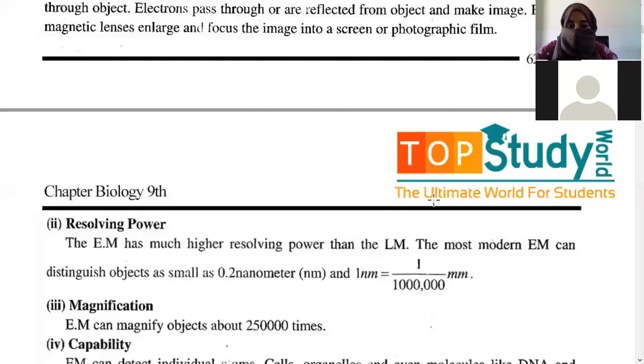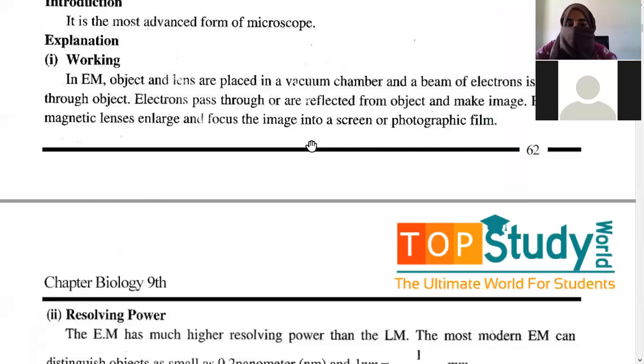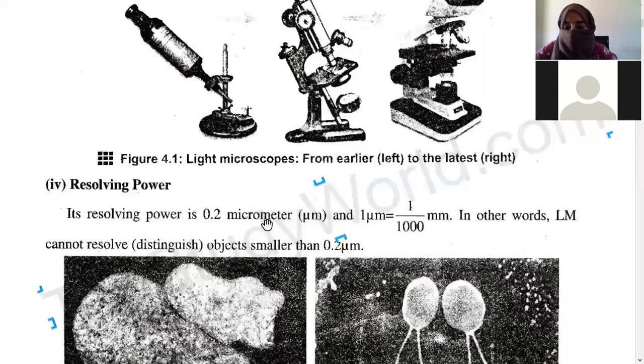Resolving power. The EM has much higher resolving power than the LM. The EM can distinguish objects as small as 0.2 nanometer. You can see that here it is nanometer, and in the light microscope the value was micrometer.